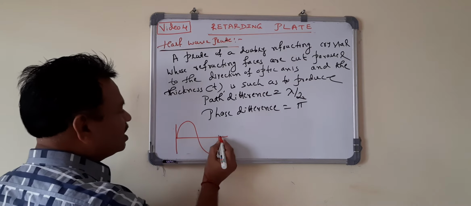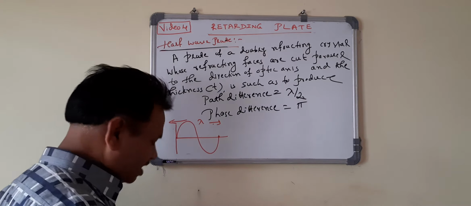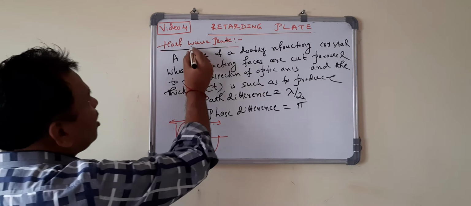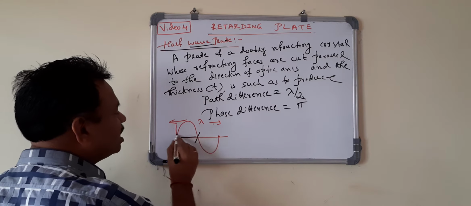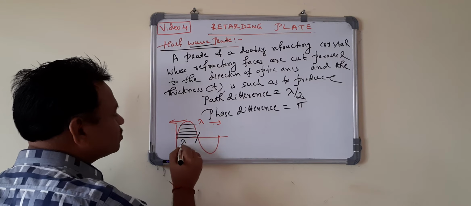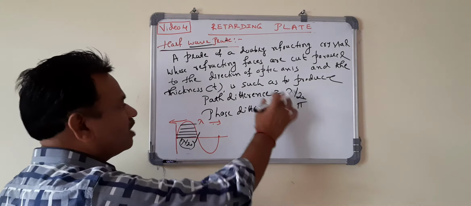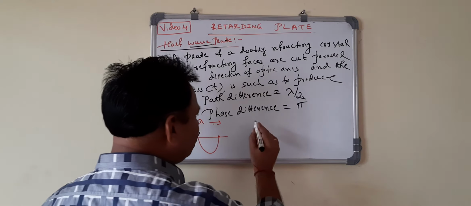From here to here, path difference is represented by lambda. Now it is half wave. The word itself indicates that it is half of it. From here to here, the distance is lambda by 2. That's why I have written path difference equal to lambda by 2.